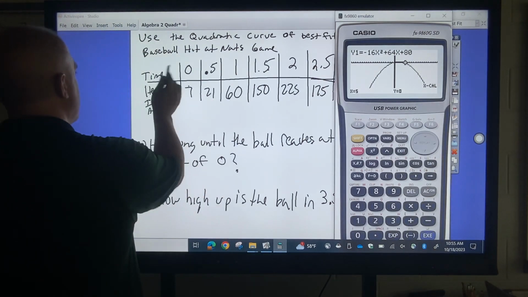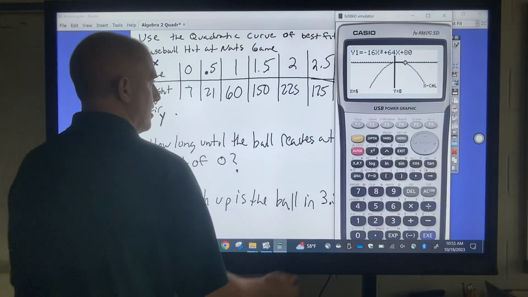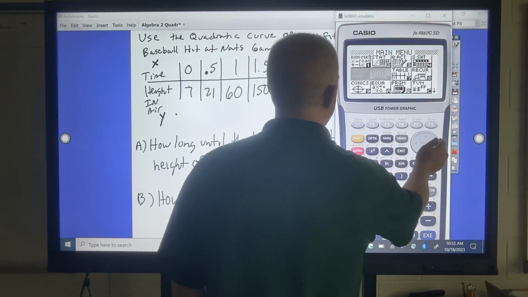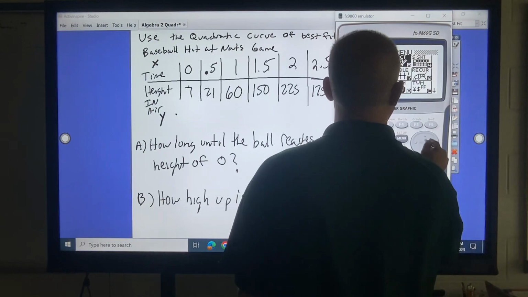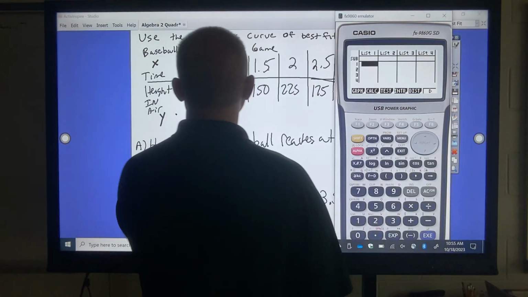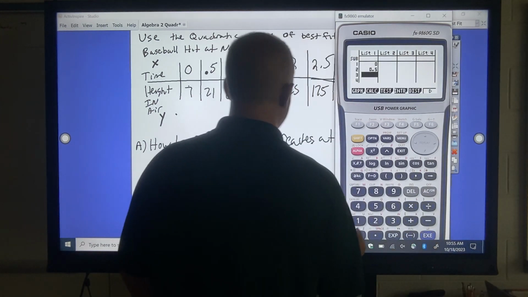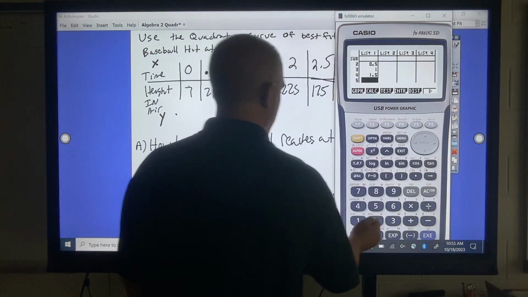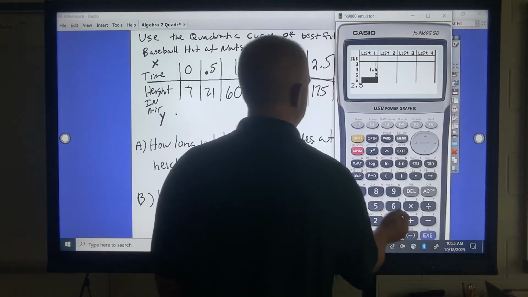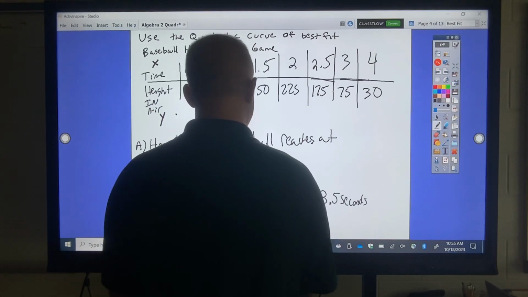So what I want to do is understand that this would be X and this would be Y. I'm going to go into Menu and Stat and put the data in. X values: 0, 0.5, 1, 1.5, 2, 2.5, 3 and 4.